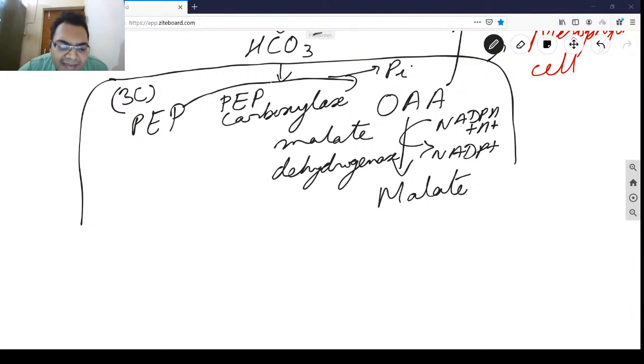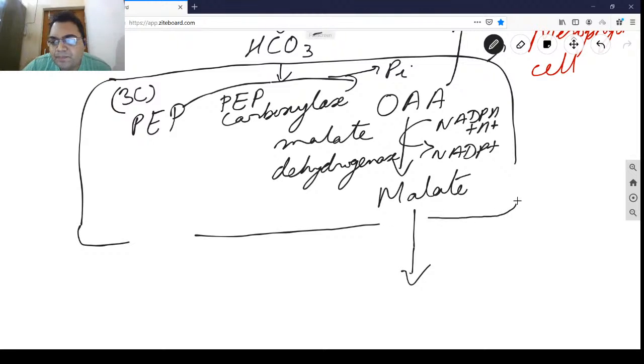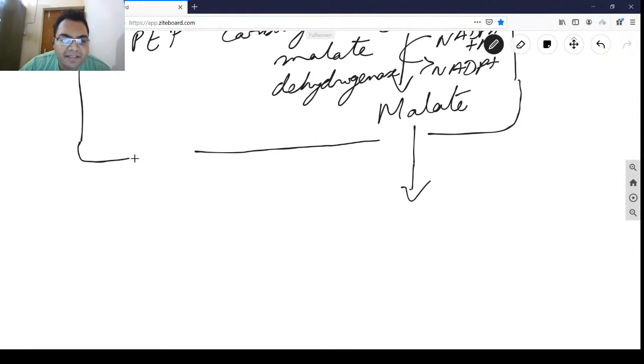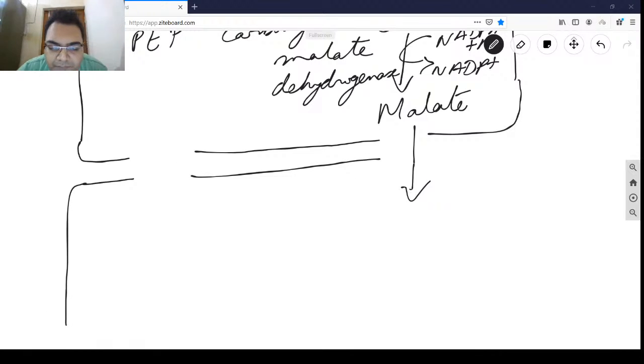Okay, so malate traverses from the mesophyll cell to the bundle sheath cell. Now you can see this is over. Now we have reached the bundle sheath cell. This one you can term as plasmodesmata.